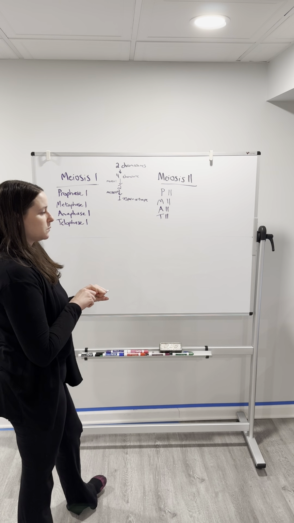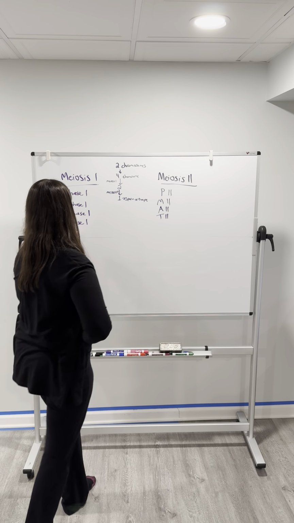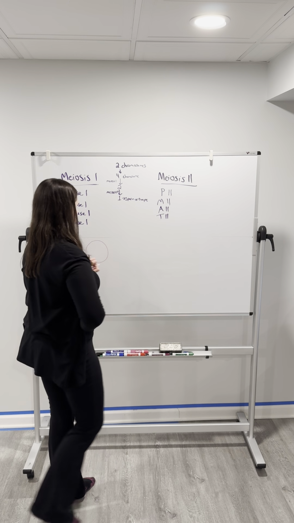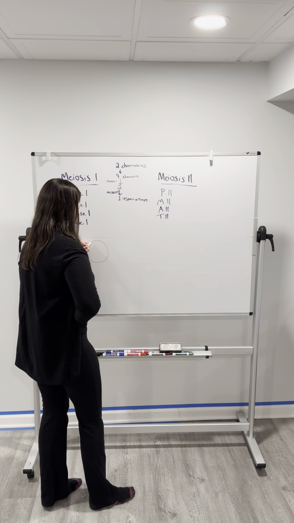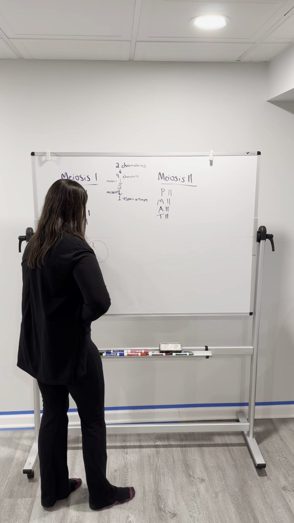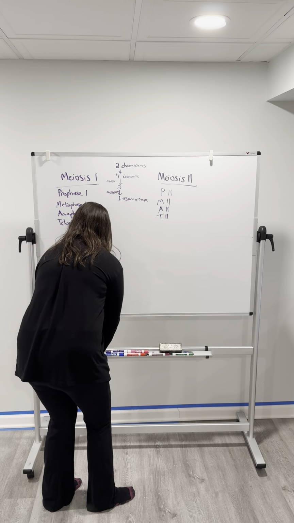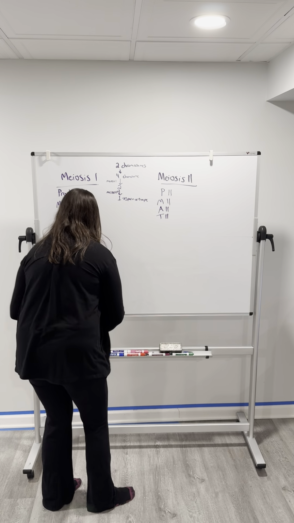So in prophase 1, we have our DNA. Let's say this is just the nucleus here. So we have our chromosomes here. Let's draw another different color chromosomes.